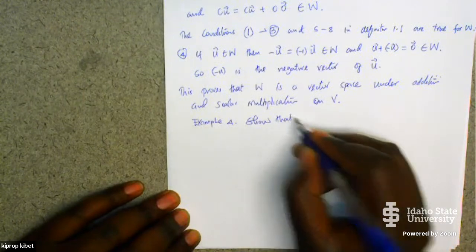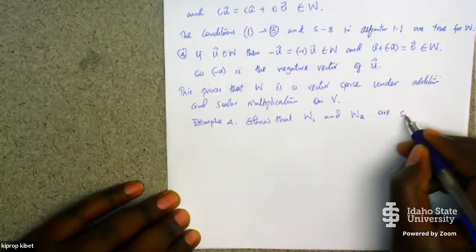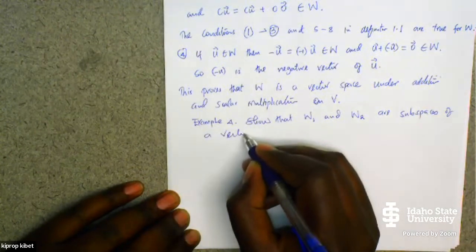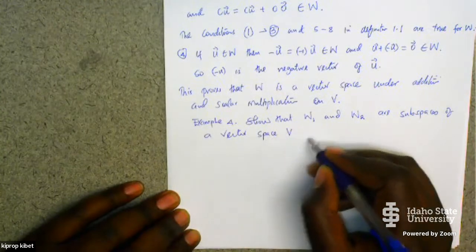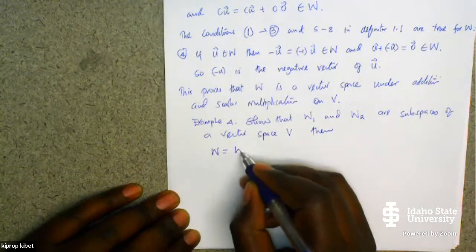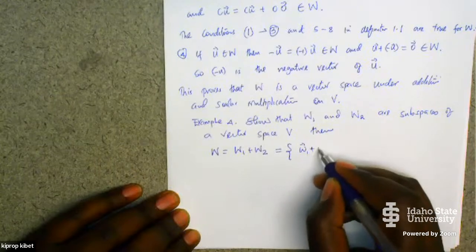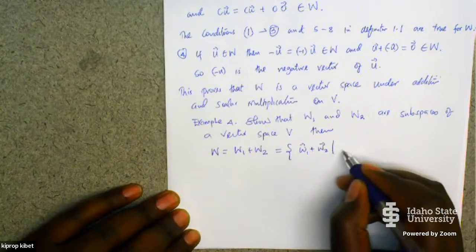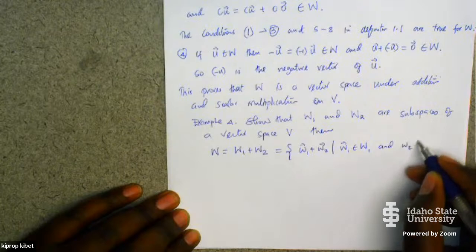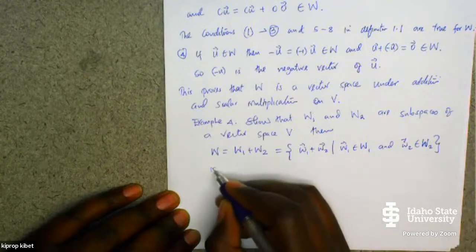Show that if W1 and W2 are subspaces of a vector space V, then W equals W1 plus W2, whereby W1 plus W2 is the set of u1 plus u2 such that u1 is an element of W1 and u2 is an element of W2, is a subspace.